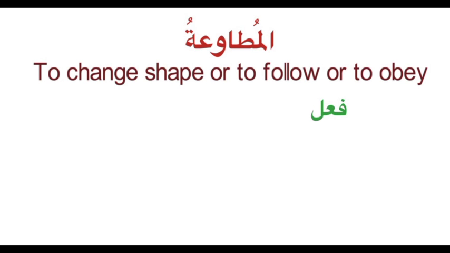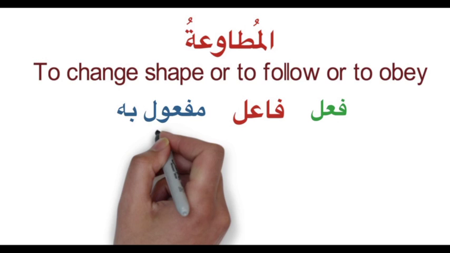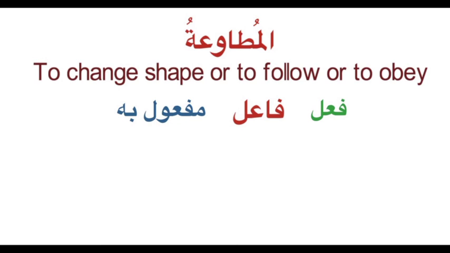One of the characteristics of this fa'al is al-mutawa'a. We have done this before, we're just going to revise. What is mutawa'a? It means to change shape, or to follow, or to obey. Any fa'al has fa'il and maf'ulun bihi. When a fa'al changes its form, two things can happen.